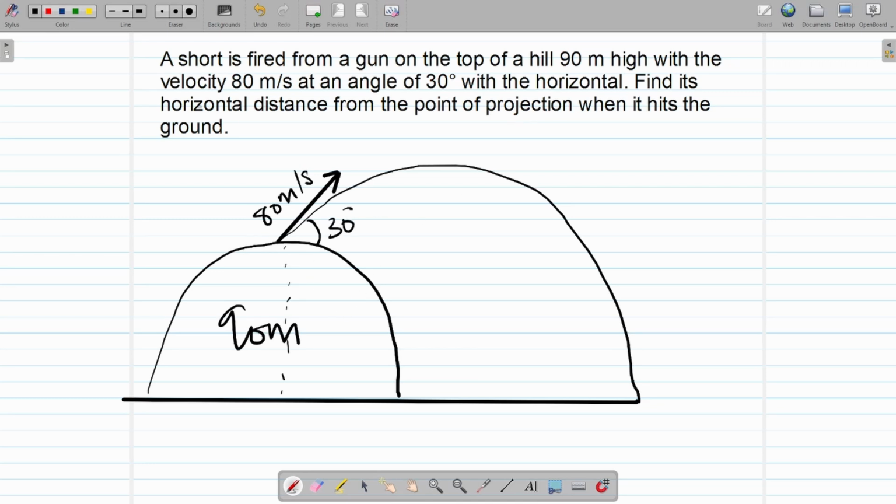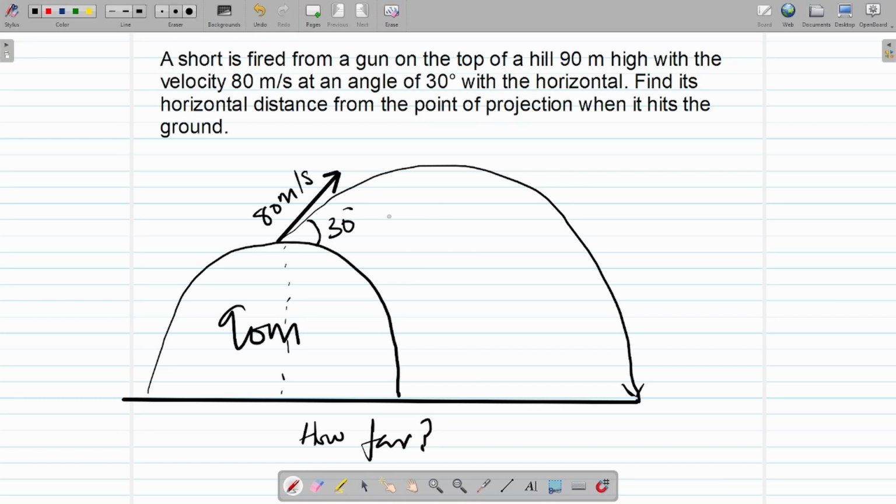They're asking us to find the horizontal distance from the point of projection to the plane of impact. This right here is the plane of impact. They're asking us how far will the projectile that was launched on the hill go. So basically, they're asking us for the range of the projectile.